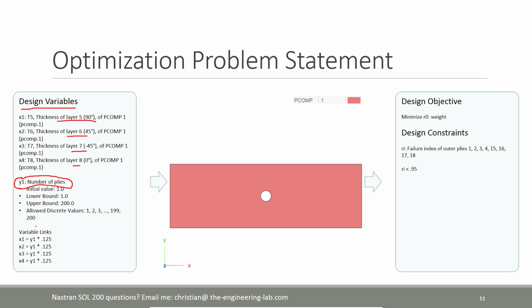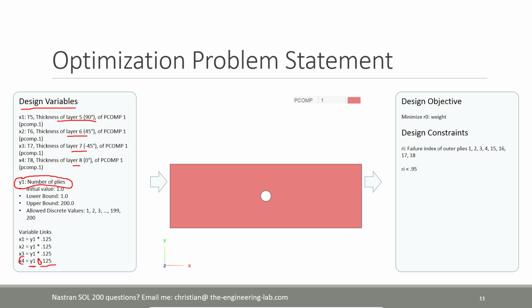Here, what we're going to do is say that whatever the thickness is of these plies, we're going to have one independent variable, number of plies, that's going to control all the thicknesses of these other layers. So here we're going to say that, okay, let's suppose that y1 is the number of plies. We're going to multiply it by the ply thickness, 0.125.